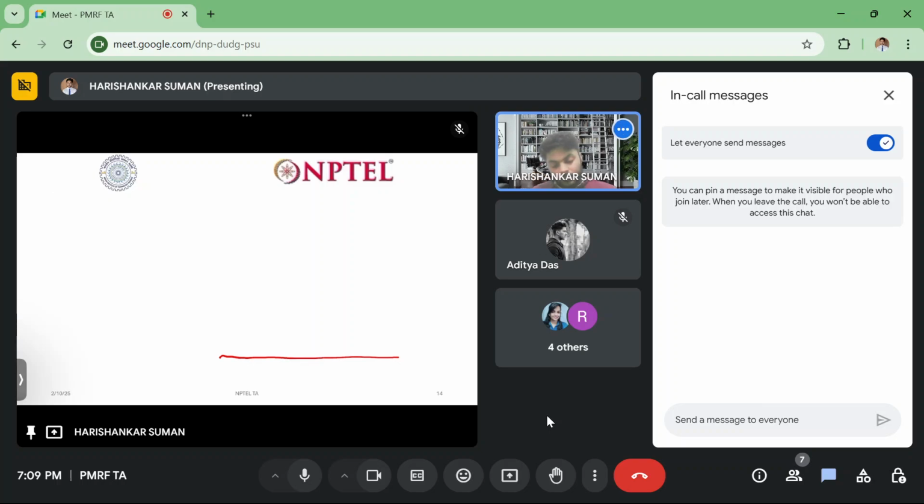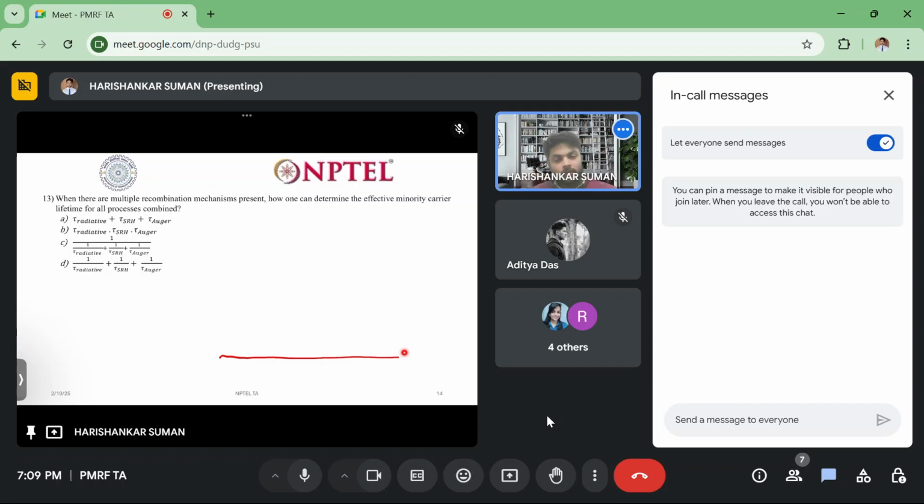Next question: when there are multiple recombination mechanisms present, how can one determine the effective minority carrier lifetime for all the processes combined? These are the options.